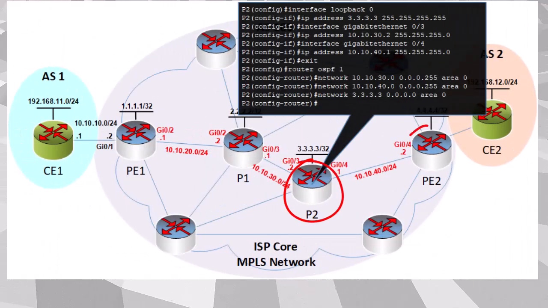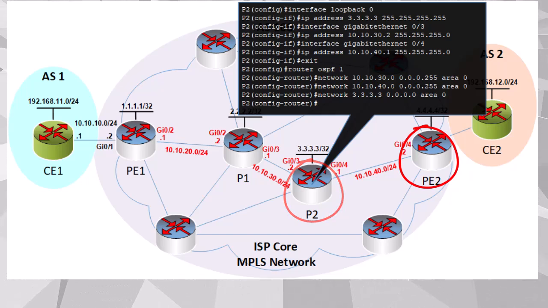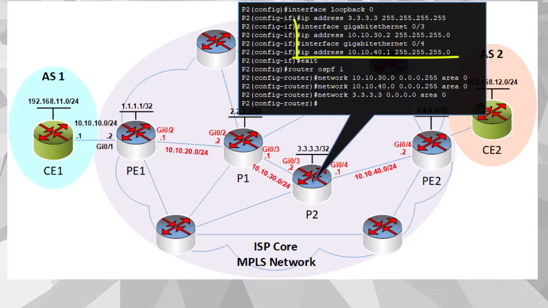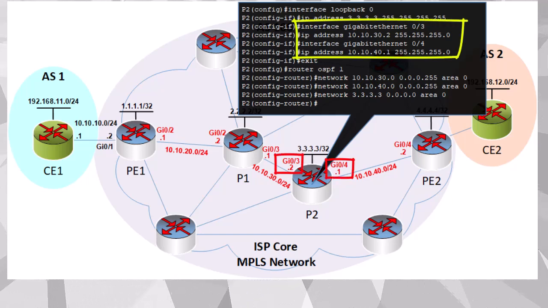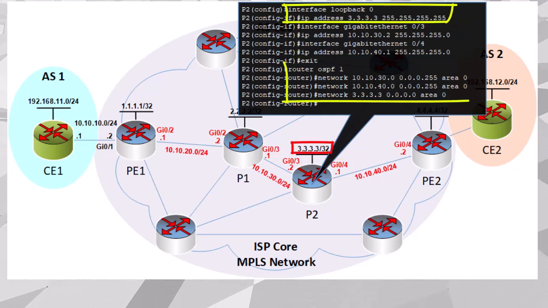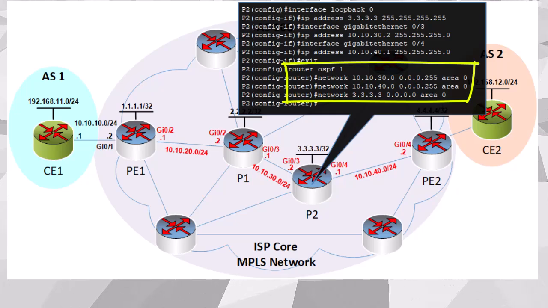Now, the configurations for the underlay of the P2 and PE2 routers are very similar, but we'll show them quickly here for completeness. You can see the Gigabit Ethernet interfaces are configured with IP addresses, as is the loopback interface, and all of those are advertised using OSPF.